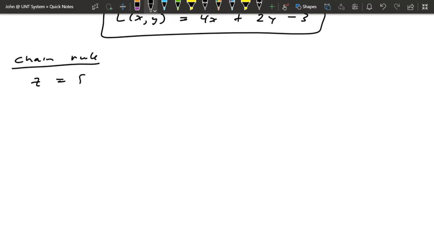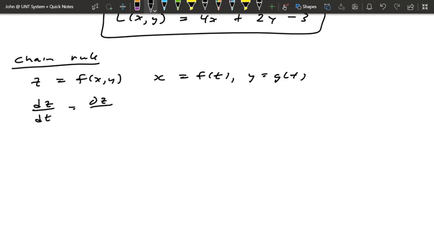So let's say z is a function of x and y, and x and y are functions of a single variable t. So in that case, dz dt is del z del x dx dt plus del z del y dy dt.